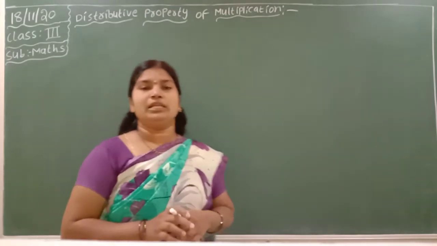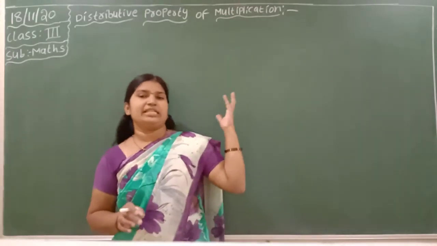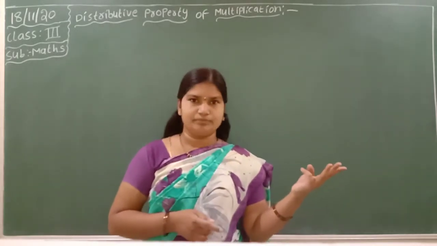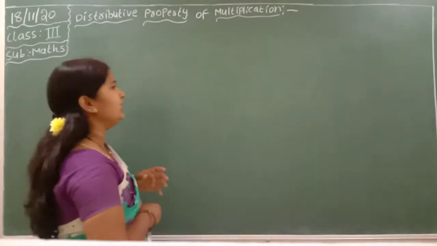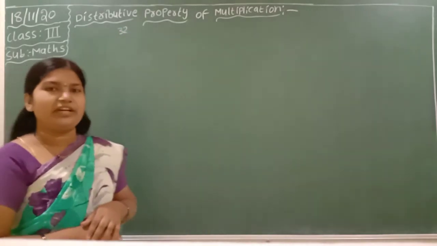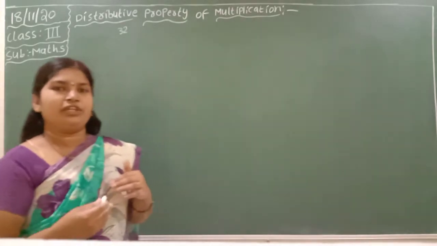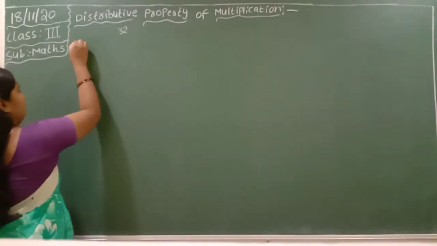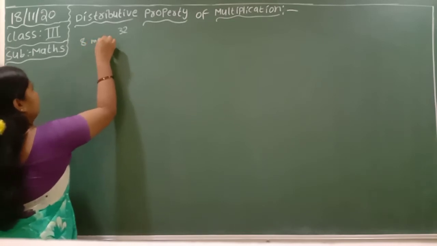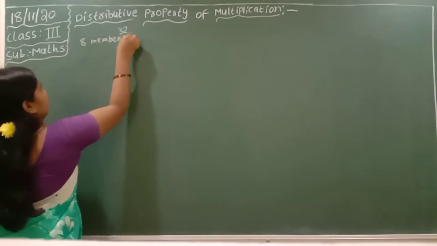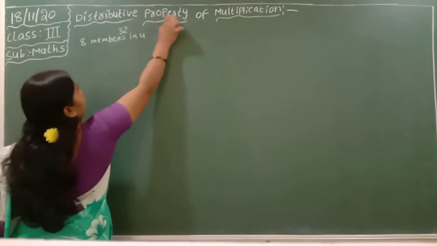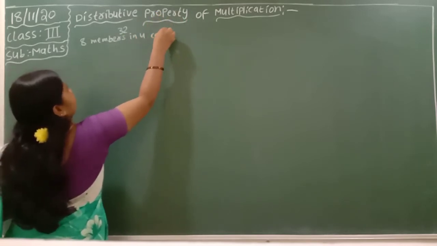For example, I am taking the third class. In this third class, we have a total of 32 children. How many children? Total 32. How am I dividing this 32? In each row, I make 8 members sit, 8 members in 4 rows or 4 columns.